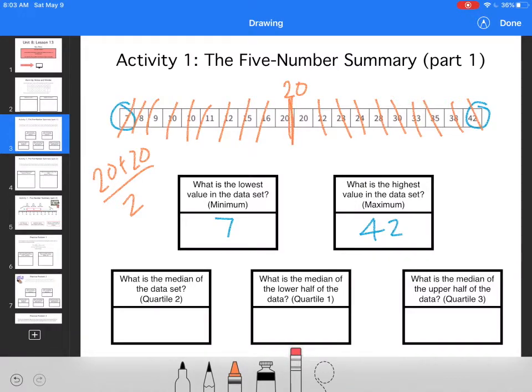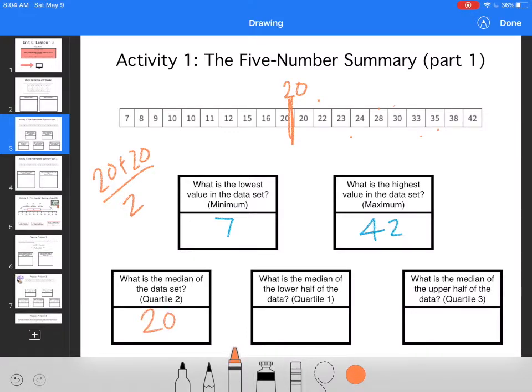So now I'm going to erase all these extra lines that I made. So the median of the data is 20. That's the halfway point. That means that there are 10 numbers on each side of my data because I have 20 numbers here. So now I have to find the median of the lower half of the data.